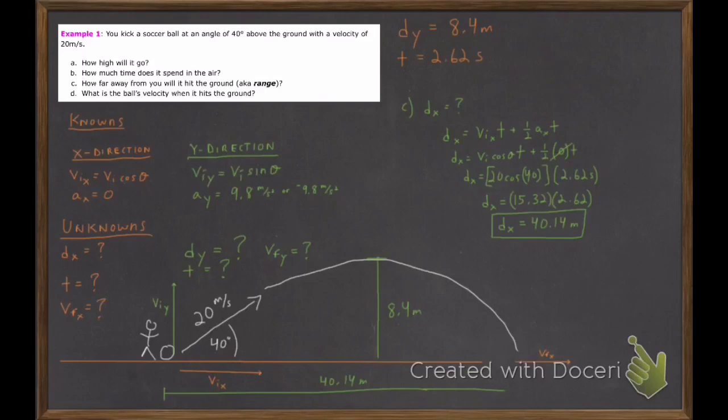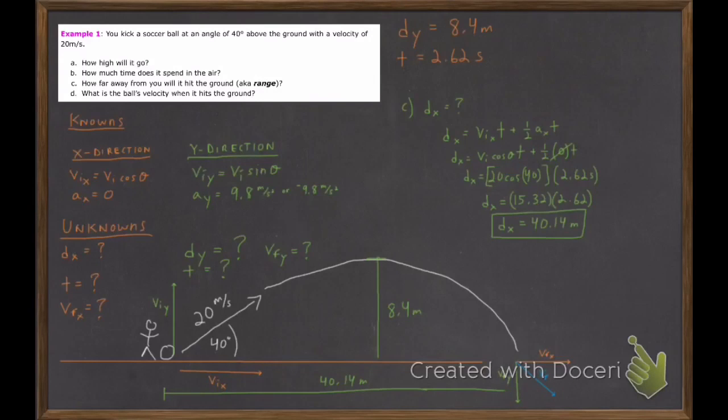We'll make our next arrow going down, and we'll label that VFY, and we'll have a nice blue arrow to show our resultant velocity, and we'll label that VF.